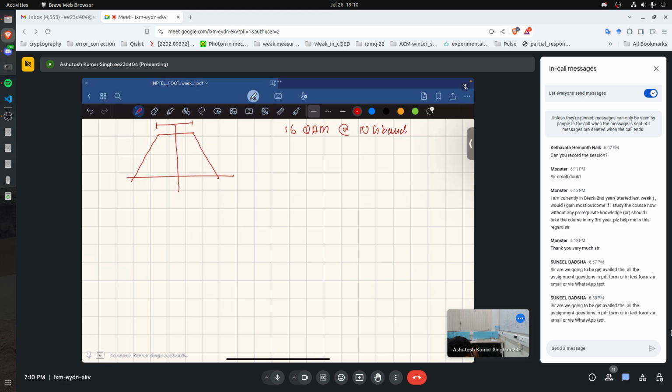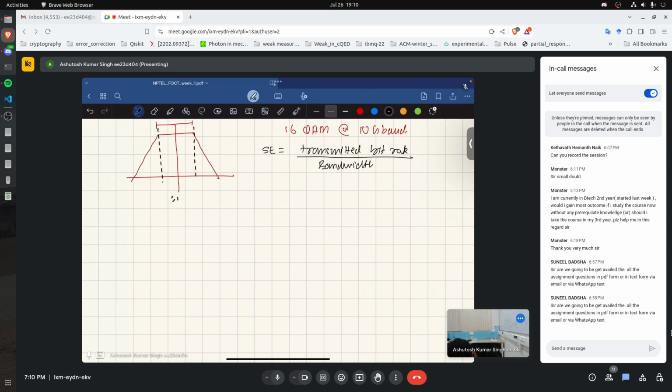My spectral efficiency is given by the transmitted bit rate divided by bandwidth. Now at Nyquist, this is the bandwidth that I am utilizing.